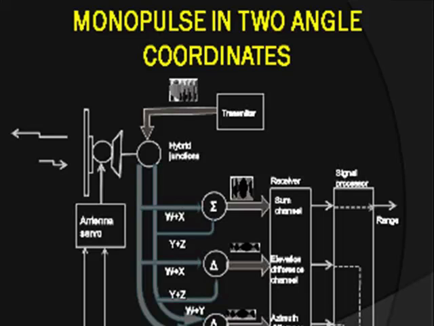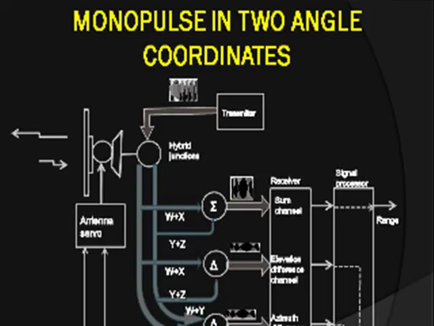Then, if you take the outputs of the feed horns, A plus C into one hybrid junction, B plus D into another hybrid junction, then the difference of these 2 signals will give rise to azimuth information. That means, first 2 channels are summed up, then the difference of these 2 sum channels will be used to get azimuth information.